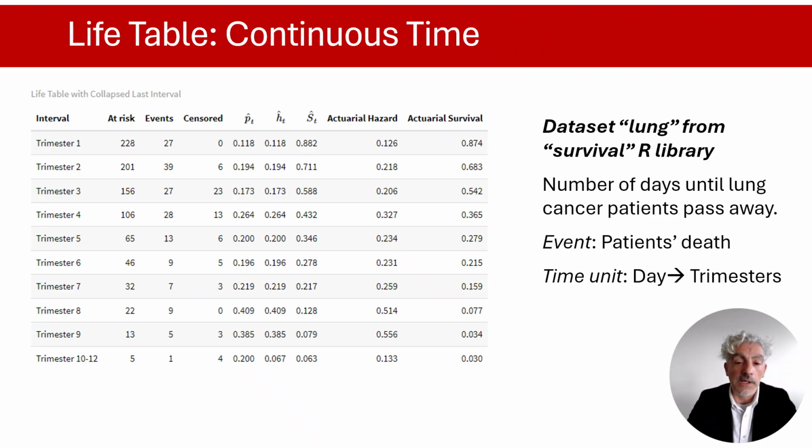And here we can see that the risk of death seems to be relatively stable, to then increase over trimester 8 and 9, so around the end of the second year. However, bear in mind that the risk set is a lot smaller in the later intervals, so the estimates may tend to be more erratic.